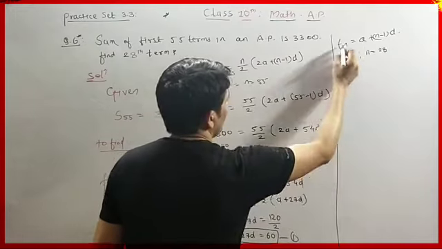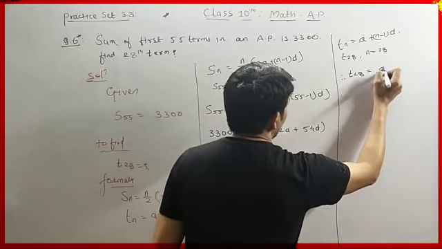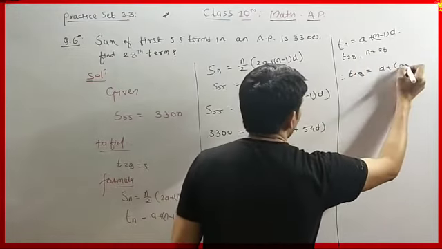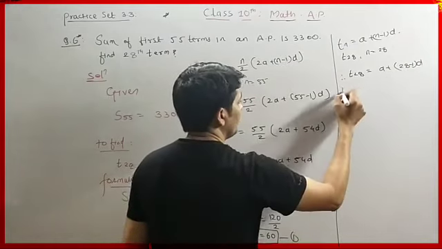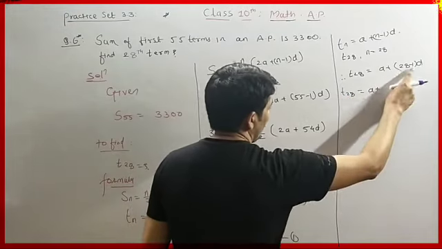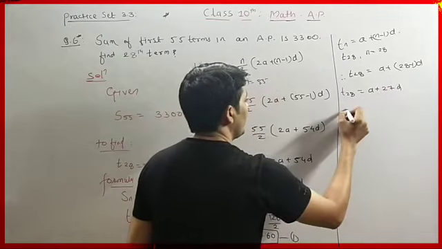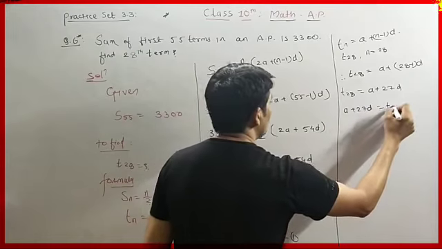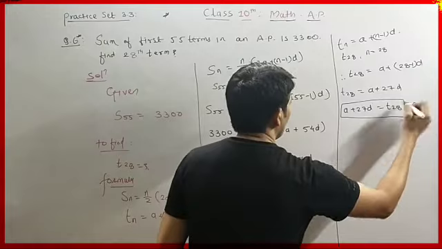Therefore T28 equals a plus, what is n? n is 28, so it will become 28 minus 1 into d. So T28 equals a plus 28 minus 1 is 27 into d, or we can write it as a plus 27d equals T28, and it is equation number 2.